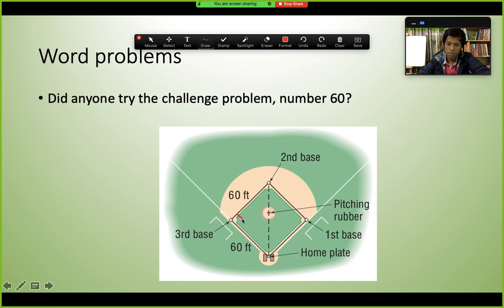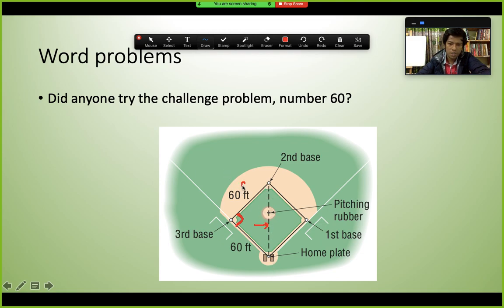Here there will be a 90 degree angle, and this is the hypotenuse. So what they are asking is the length of the hypotenuse.